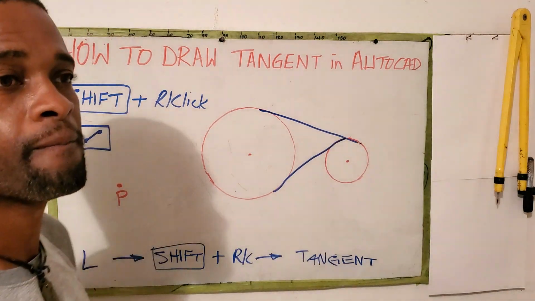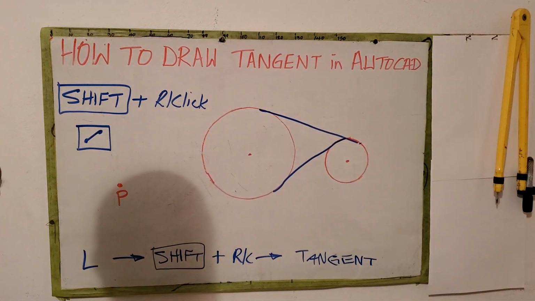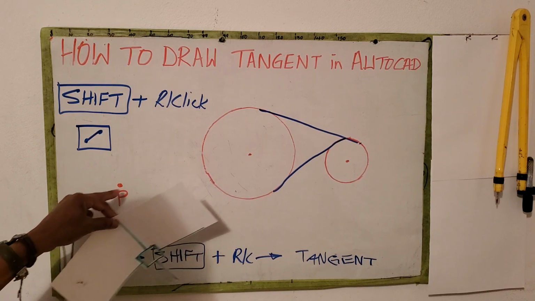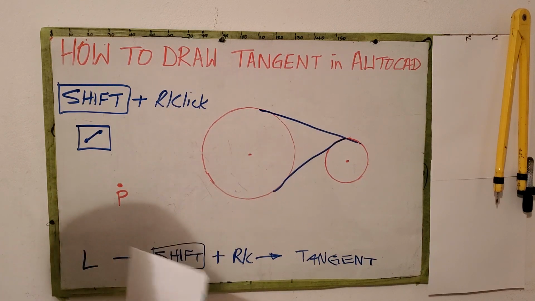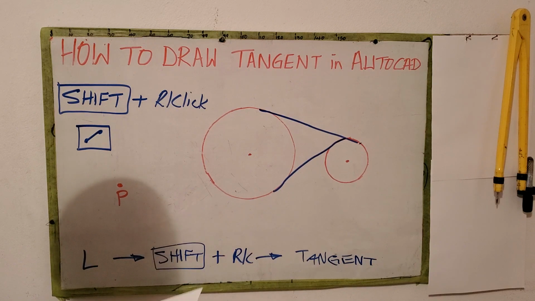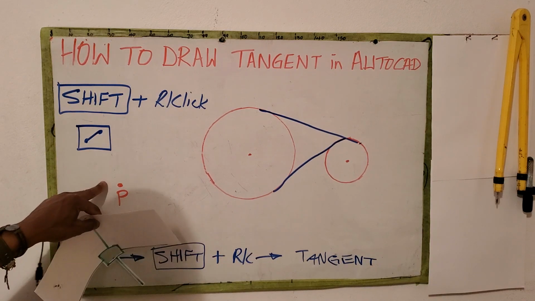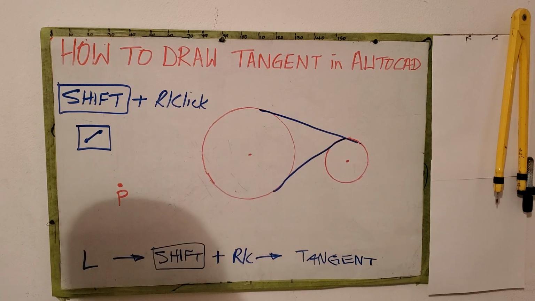Just like that. Now, what if you wish to draw a tangent from a point someplace outside of the circle? Again, you could start here or here. It doesn't really matter.